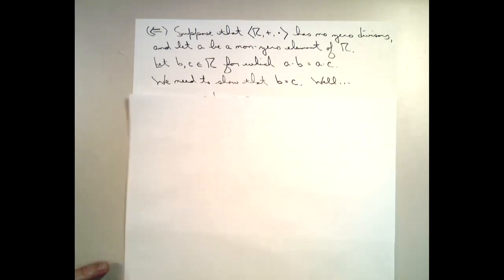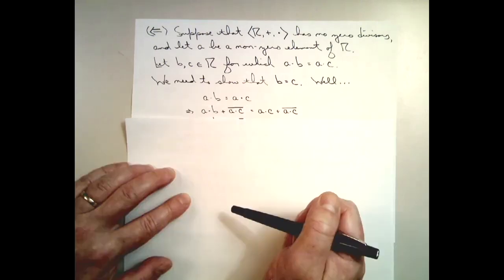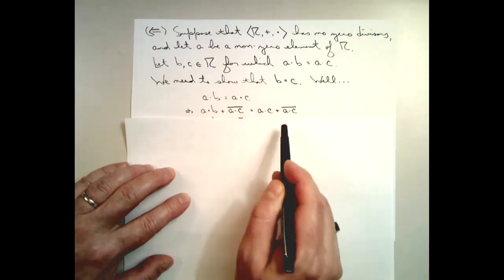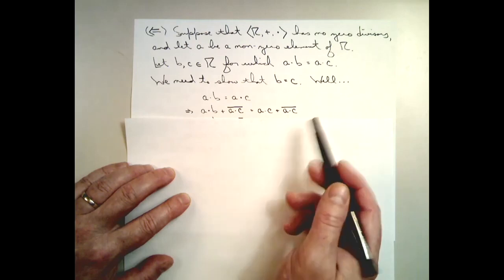Well, let's see what we've got. We're assuming A times B is equal to A times C. And that means that I can add the additive inverse of A times C to both sides. Remember, we're in a ring.